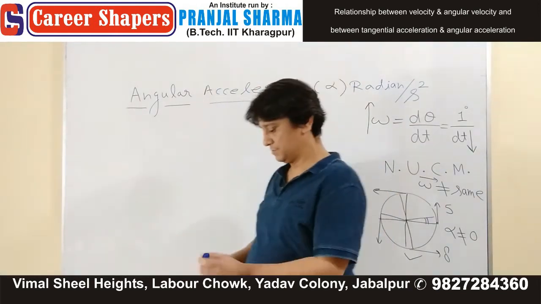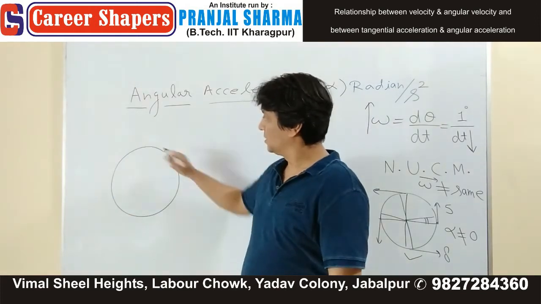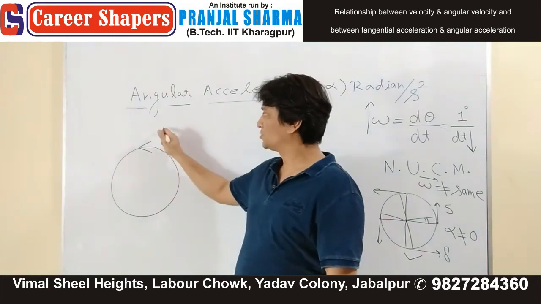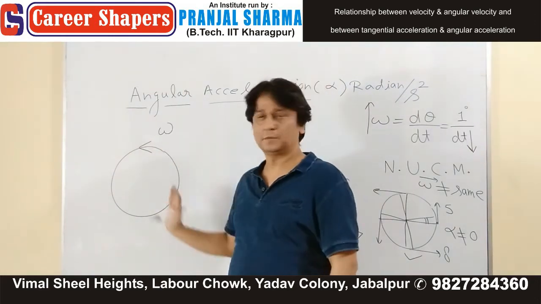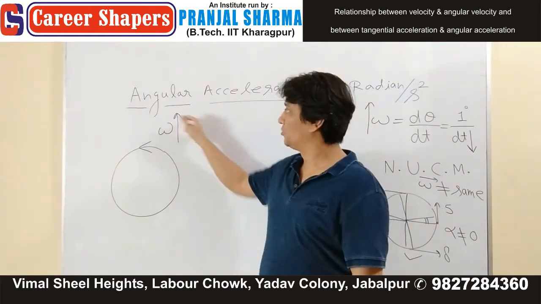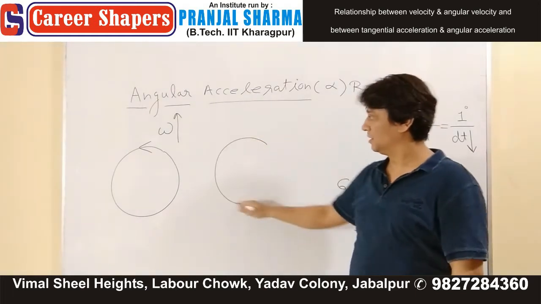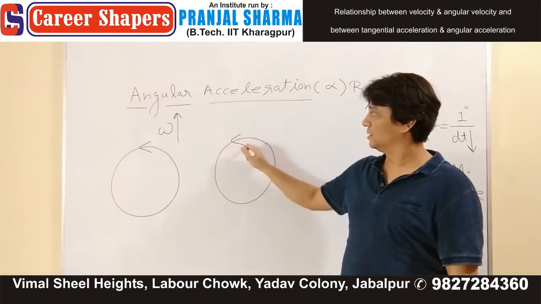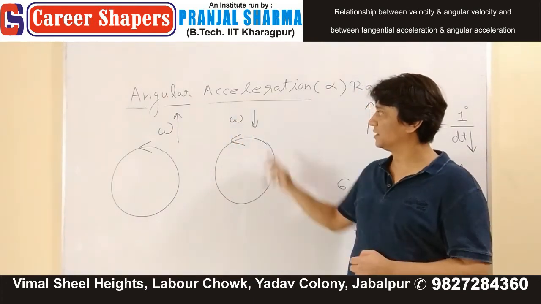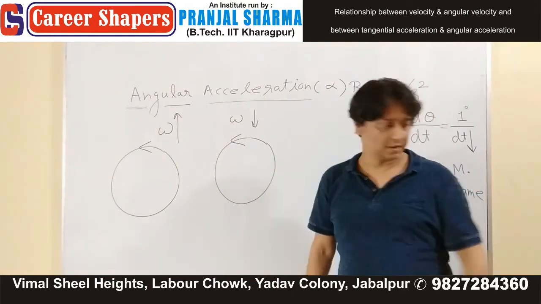Now look here. Look at this case. This is the sense of omega, and omega is increasing. In the other case, omega is decreasing. This arrow means omega is decreasing.